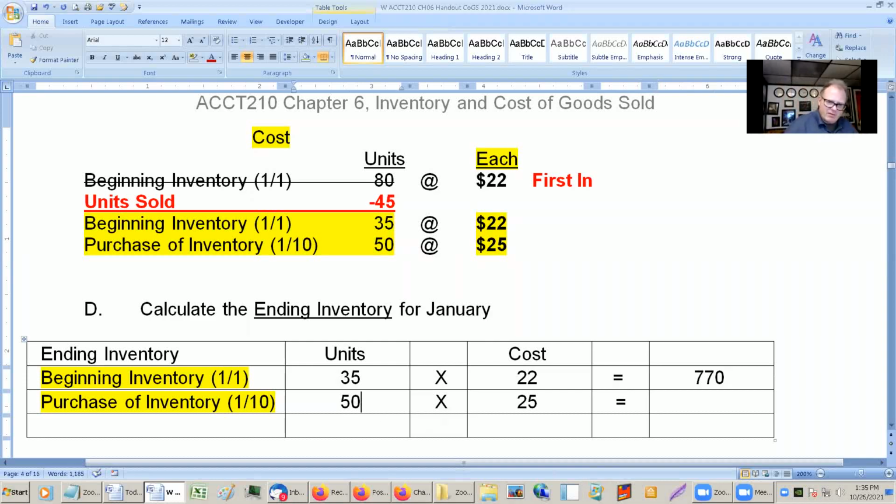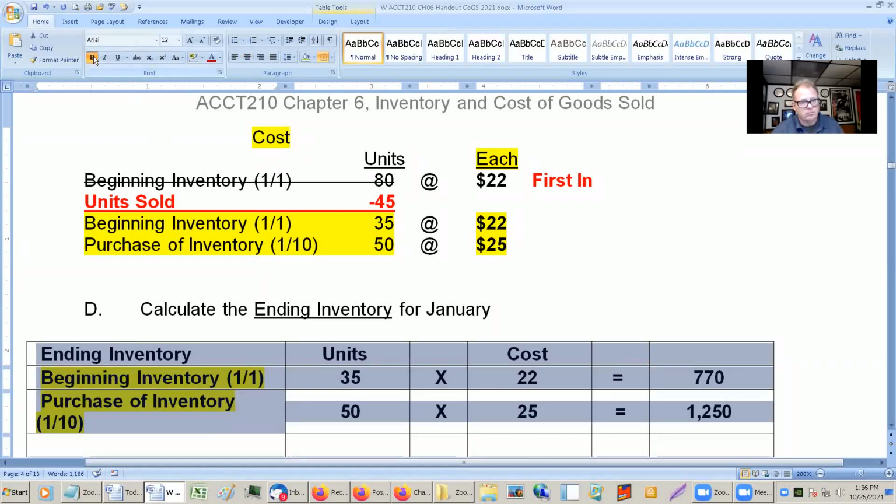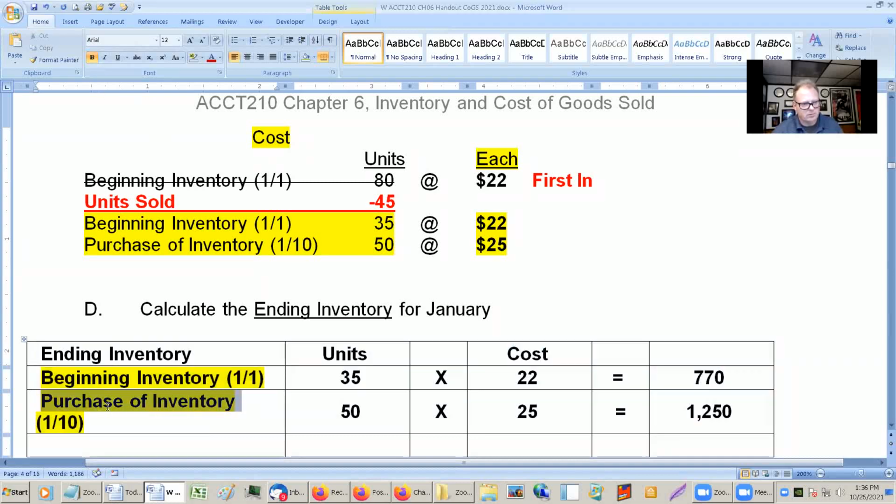And 50 times 25, I should be able to do in my head, is 1,250.